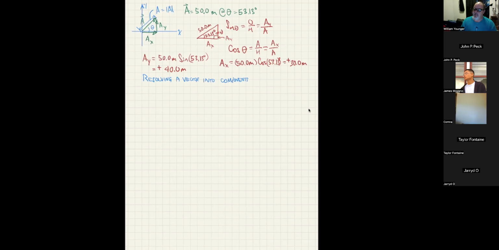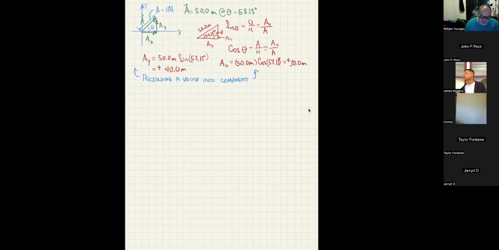The X parts add to all the other X parts, just like positive and negative numbers. Same thing with all the Y parts, same thing with all the Z parts. So this is called resolving a vector into components. Or sometimes they'll just say breaking a vector down into components, and then they'll say resolving is making it back into a magnitude and direction or something.